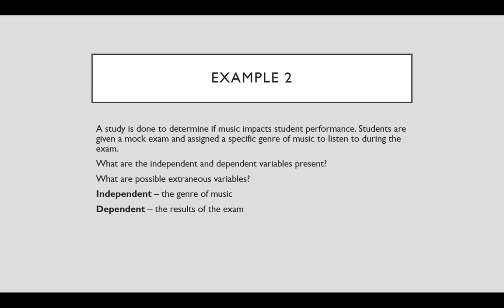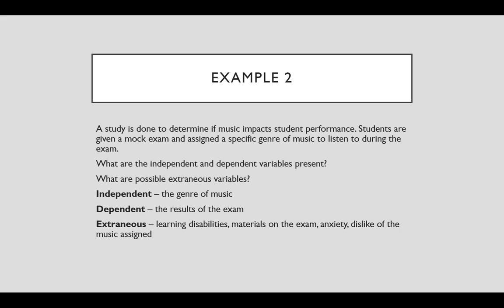Now, possible extraneous variables include learning disabilities, materials on the exam, anxiety, and dislike of the music assigned. For example, if a student is dyslexic, music might not make a difference. They could still perform pretty poorly, or they could perform a little bit better than normal, but you never really know.